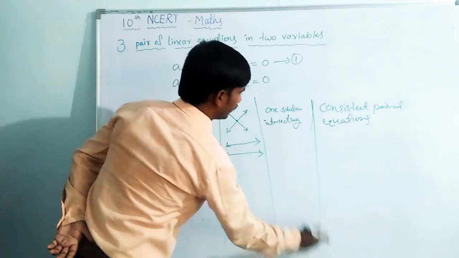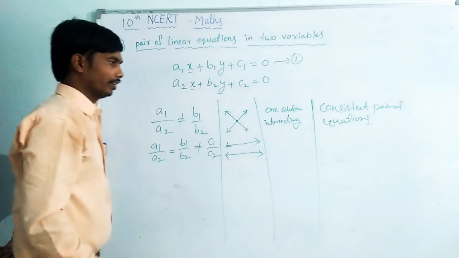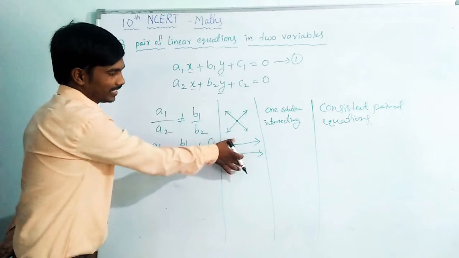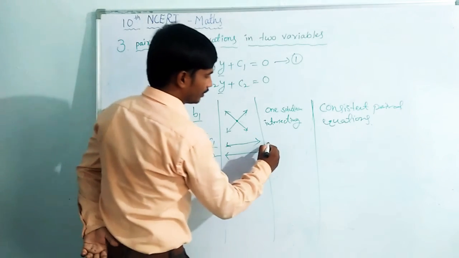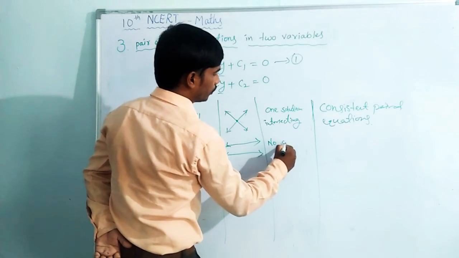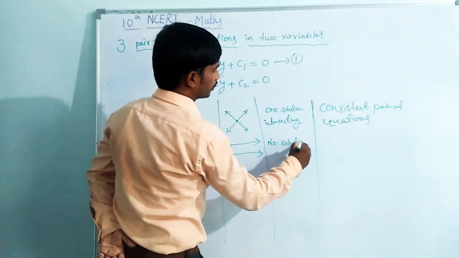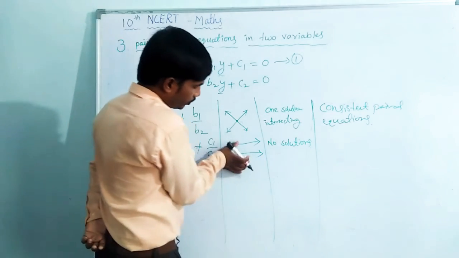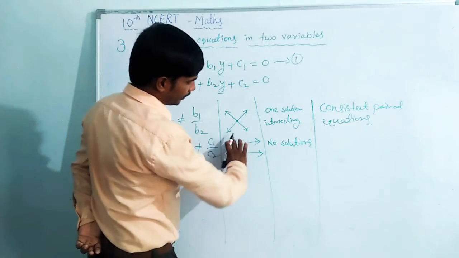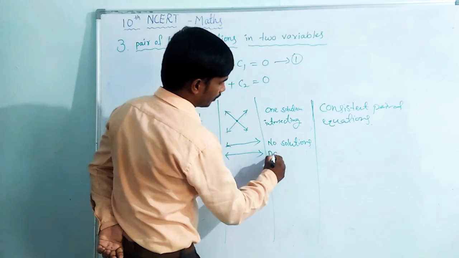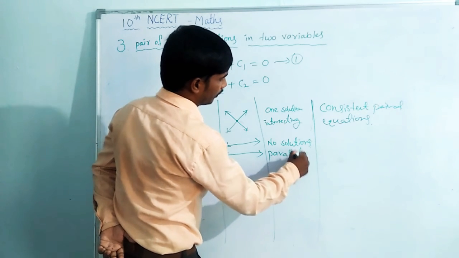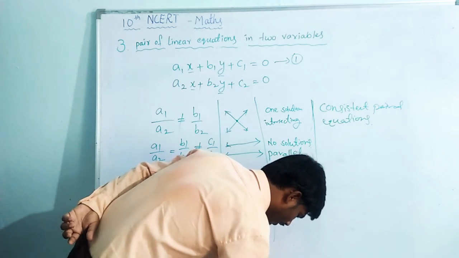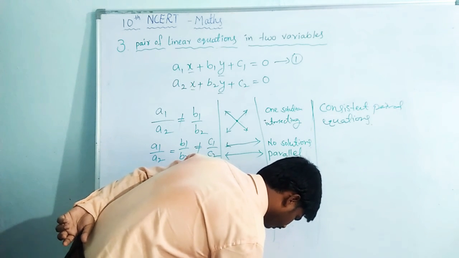If the pair of linear equations are parallel, there is no common solution, no common point for the two straight lines. So that's why there are no solutions. No solution means the two straight lines are parallel.